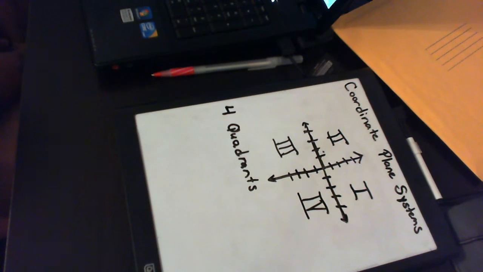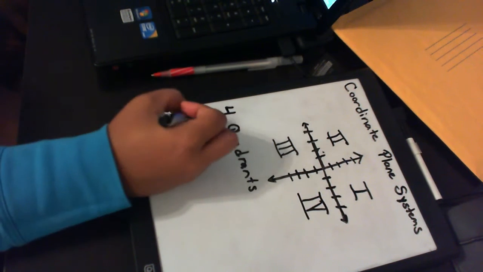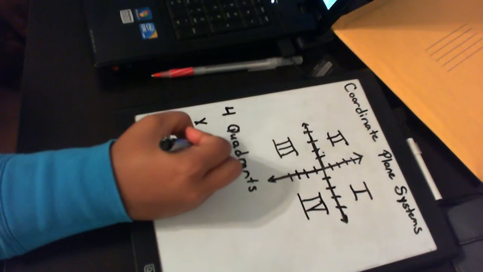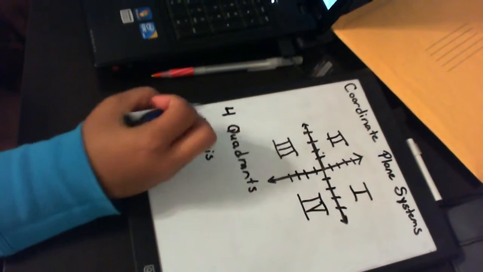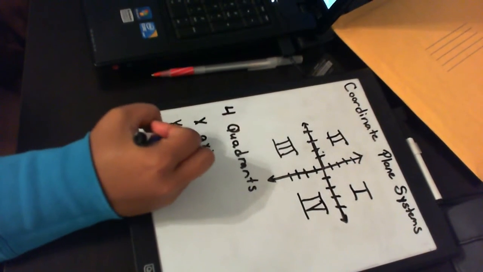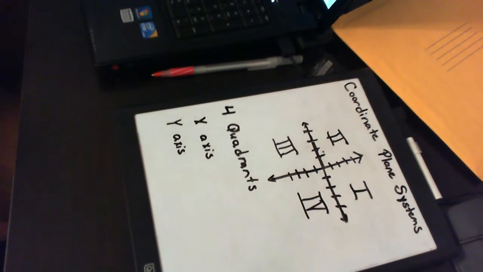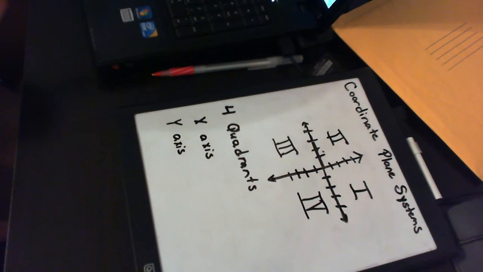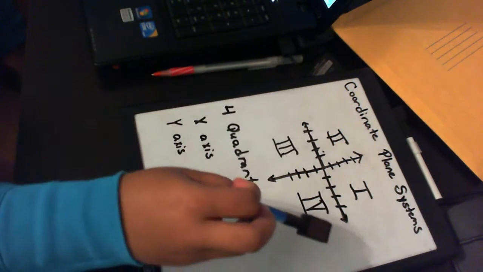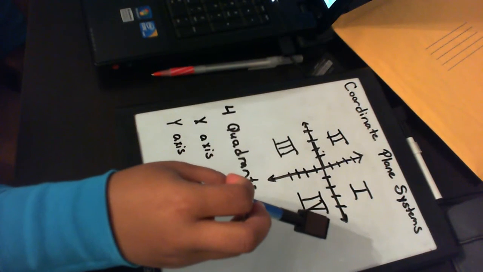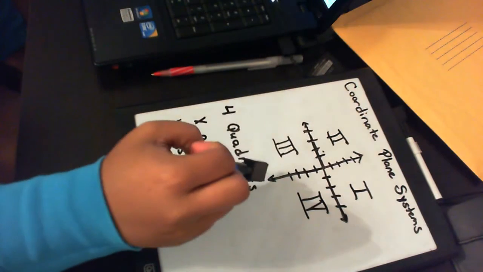The second part of the coordinate plane system that I want you to know is the difference between the x-axis and the y-axis. Now, if you look, an axis is just a line. So, one of our lines goes from left to right, and the other line goes from top to bottom.